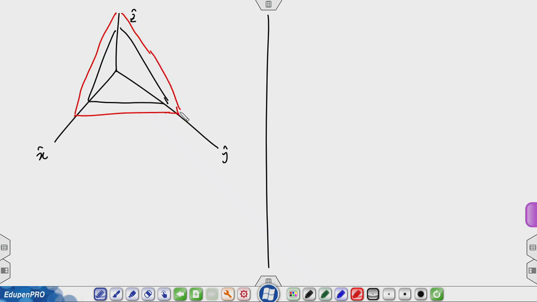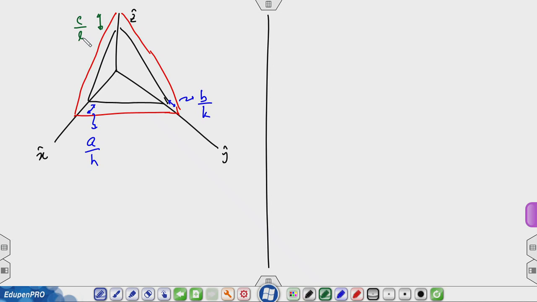What we had seen in 2 dimensions is that the distance along x is going to be a over h, distance along y is going to be b over k, and distance along z is going to be c over l.